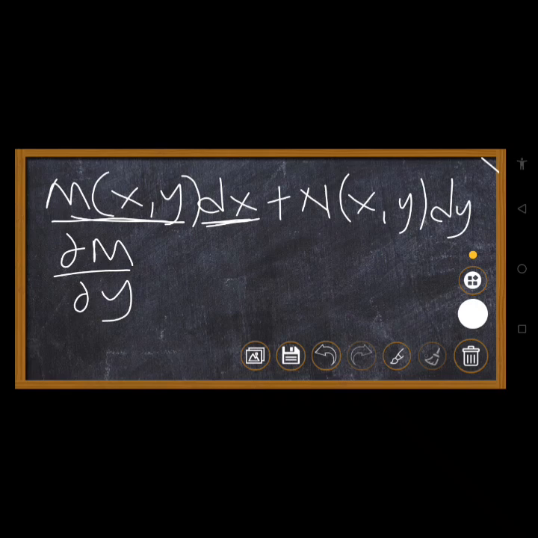You only differentiate the part which has y and ignore the part for x. And likewise, for differentiating N, you always differentiate N with respect to x. So you always keep y constant for this part. You only differentiate the values that have the coefficient of x. That's how it goes.